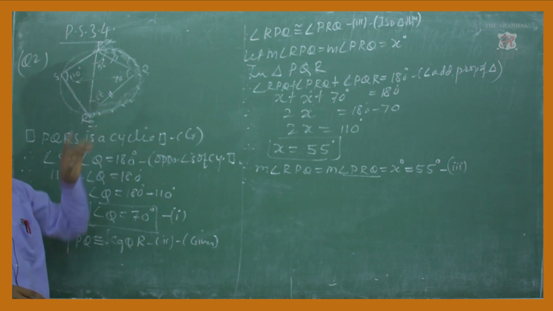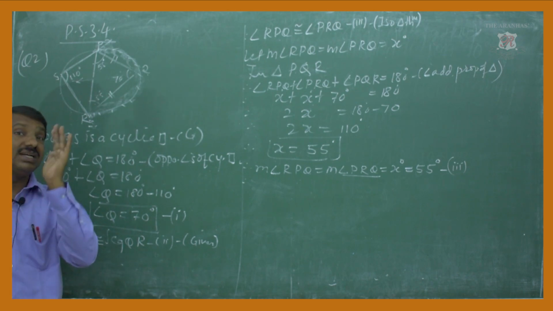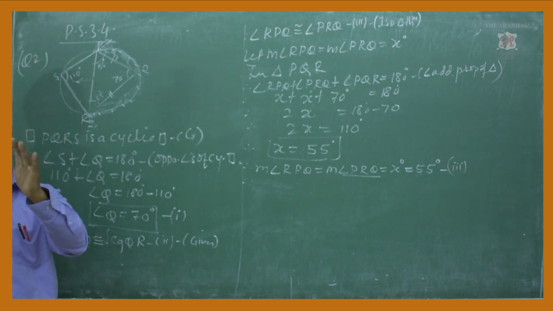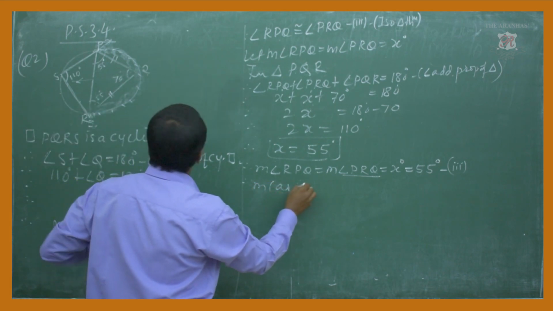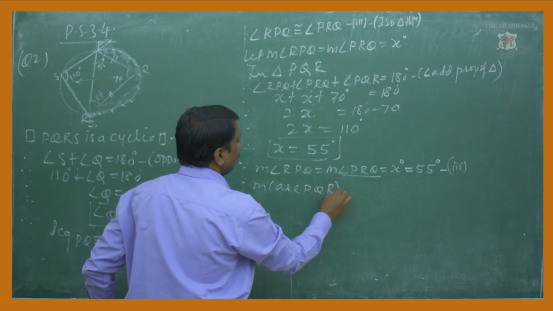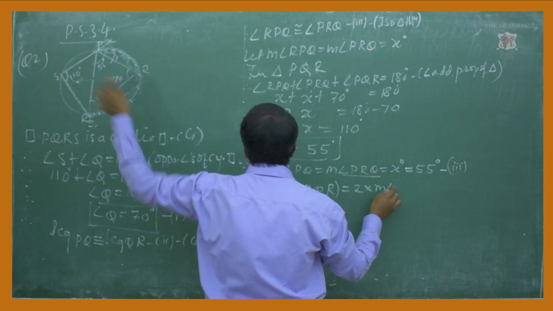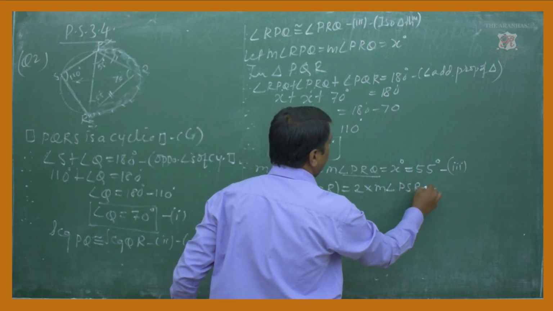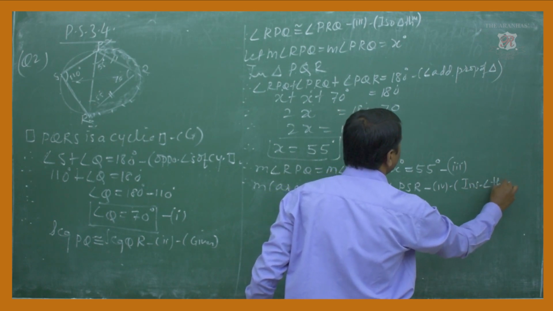An inscribed angle is half of the intercepted arc, and the intercepted arc is twice the inscribed angle. We can find the measure of arc PQR, which equals 2 times the measure of angle PSR. Here this is the fourth one, the reason we can write is the inscribed angle theorem.